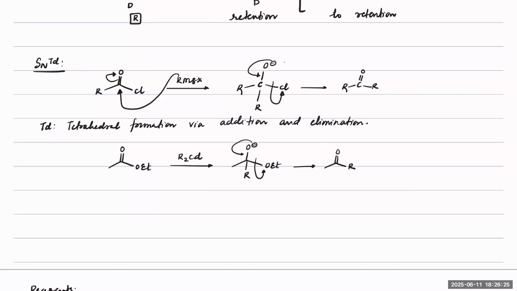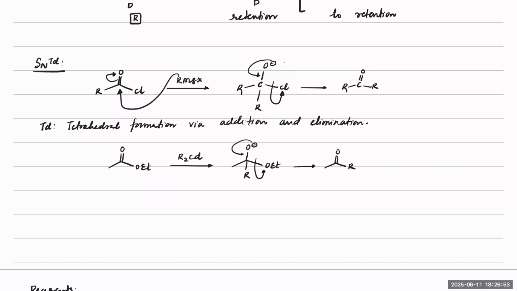Let's say some strong nucleophile like R minus. This is called Grignard's reagent, and in Grignard's reagent, I have R minus. If R minus is going and attacking here, this pi bond will move here, making it O minus, and this R minus will attack on it. Correct? And once you get this form here, this O minus will push and Cl minus will be removed out, thus making this as the product.